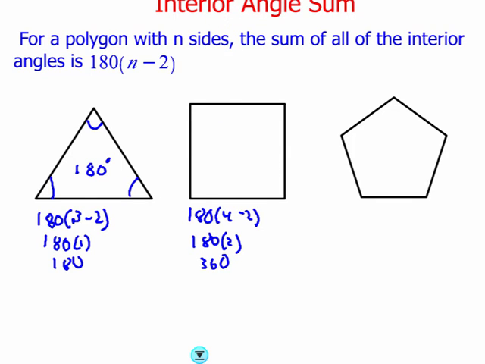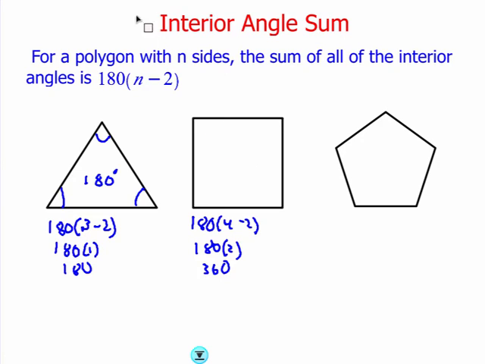Well, the way that it works is if I take my rectangle, square here, I want to split it up into triangles because I know the sum of the angles of a triangle is 180. And they need to be triangles that don't overlap. The way I do that is by connecting the vertices of my rectangle with what we call a diagonal.